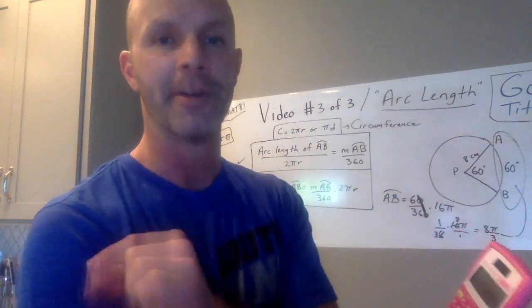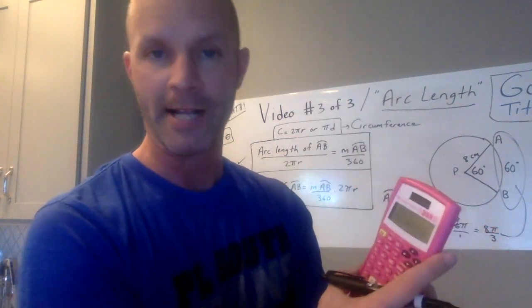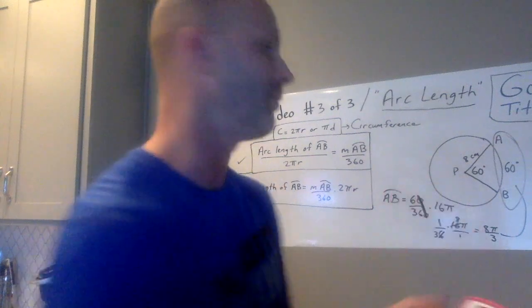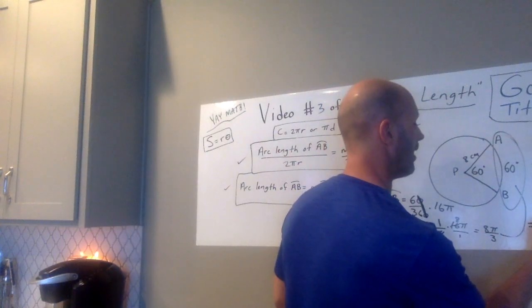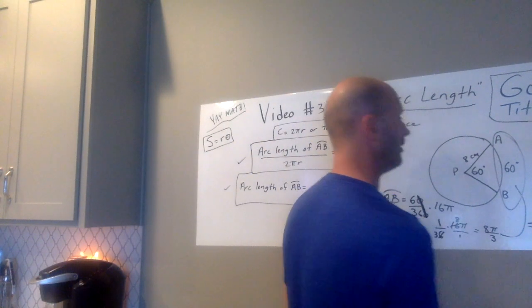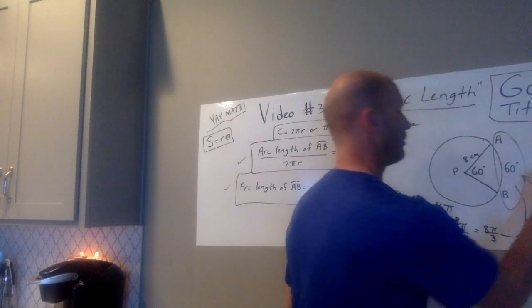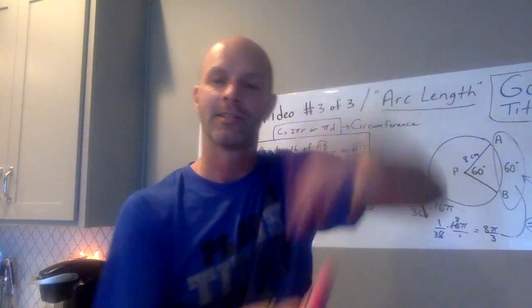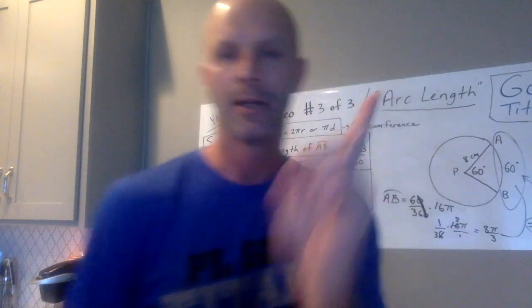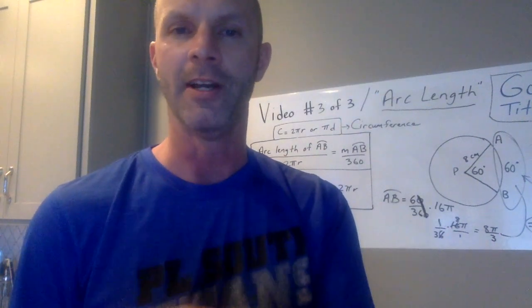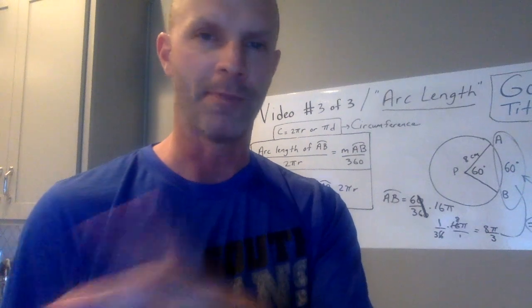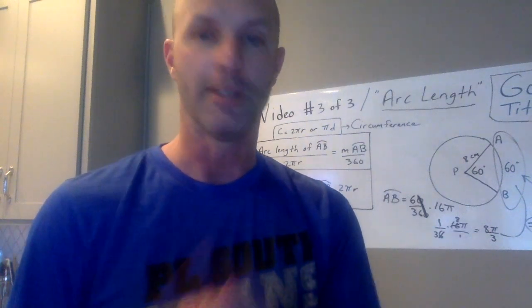So if I round my answer to the nearest tenth, it's 8.4. If I round my answer to the nearest hundredth, it's 8.37. So I'm going to say this is about 8.37 centimeters. So 8.37 centimeters is that distance from A to B. Go ahead and hit pause on the video. I'm going to put a couple more problems up for you to try, and you're going to nail this.